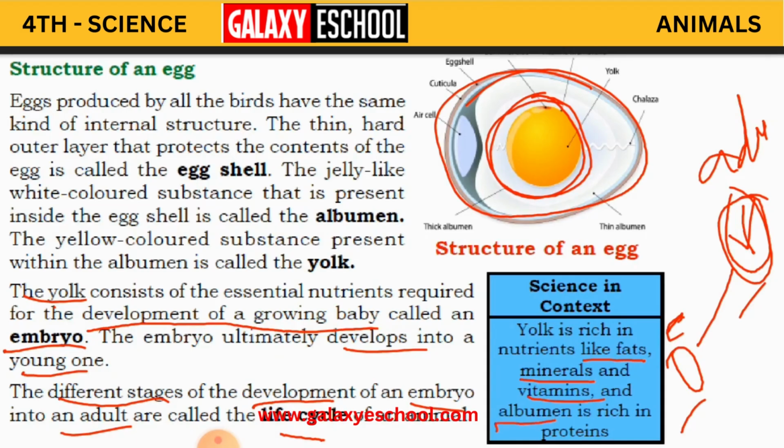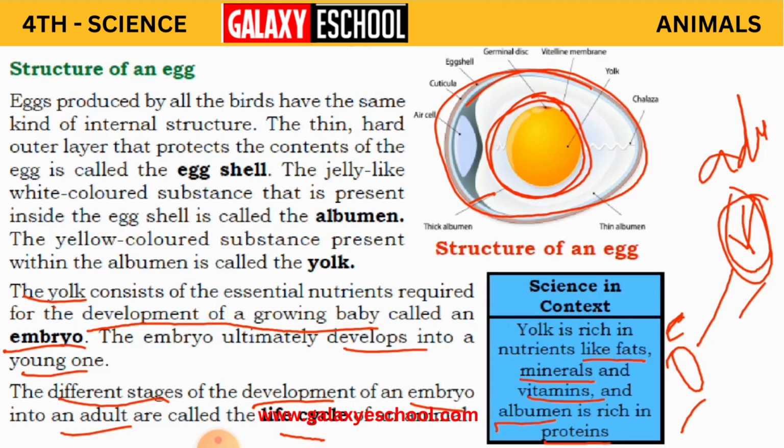Whereas albumin is the white jelly type of substance, rich in proteins. That is why, to have strength, we have to take egg in our food, because eggs are rich in fats, minerals, vitamins and proteins.